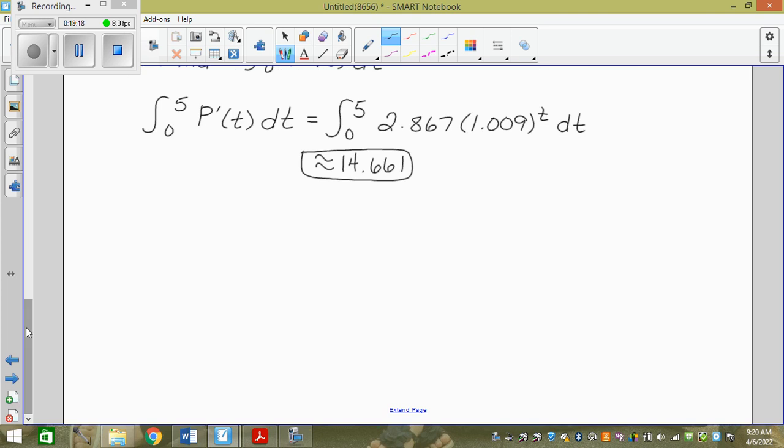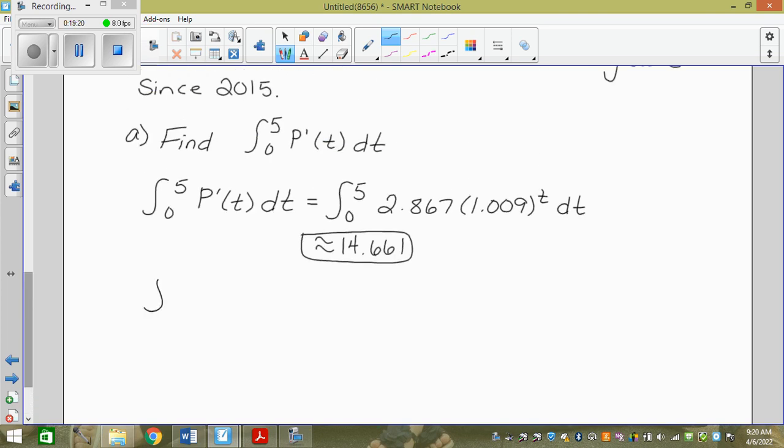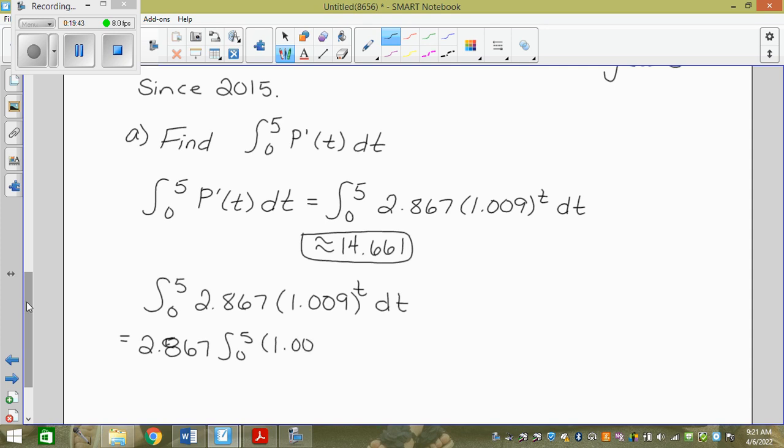So if I have, sitting in front of me, the integral from 0 to 5 of 2.867 times 1.009 to the t, dt, I can actually take this coefficient and pull it out. So I could say 2.867 times the integral from 0 to 5 of 1.009 to the t, dt.